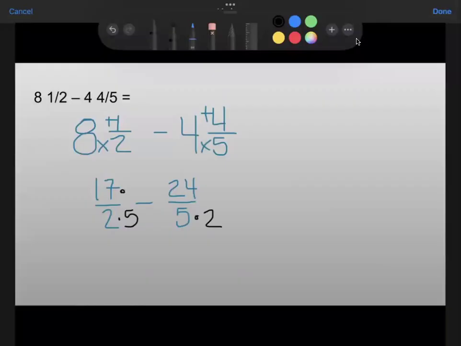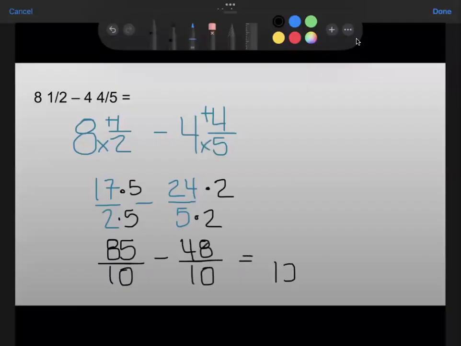So I have to do the same thing to the top here. That's going to be times 5. That's going to be times 2. Well, 17 times 5. Okay, we're going to do that over to the side because not really sure about that off the top of our head. Is 85 over 10 minus, and then that would be 48 over 10.